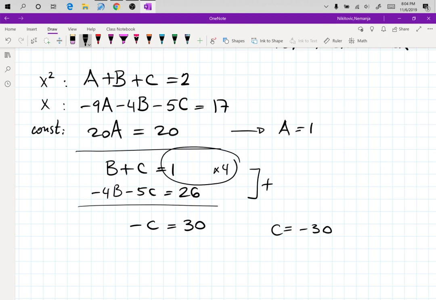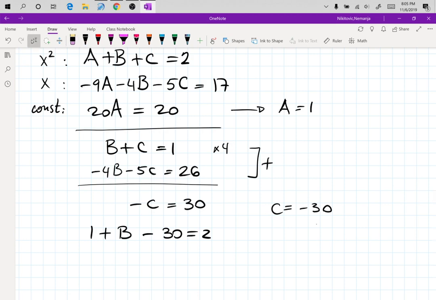Usually you forget to multiply this, and then the problem goes to hell. So make sure you are multiplying the constants on the other side as well. Okay, so now I have that. So a is 1. B is unknown. B minus 30 equals 2. So that's 32, 31. B equals 31.